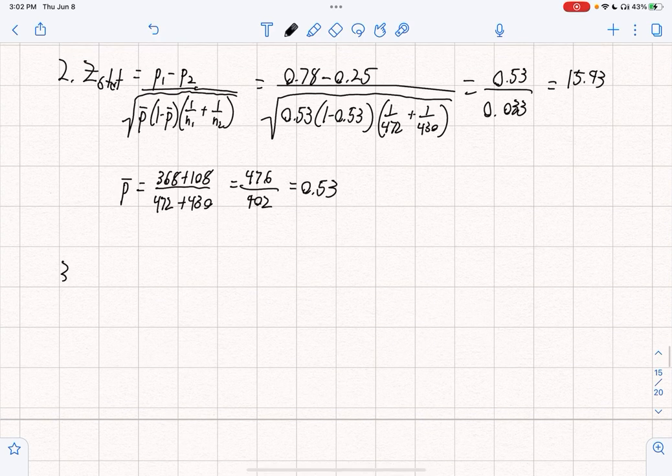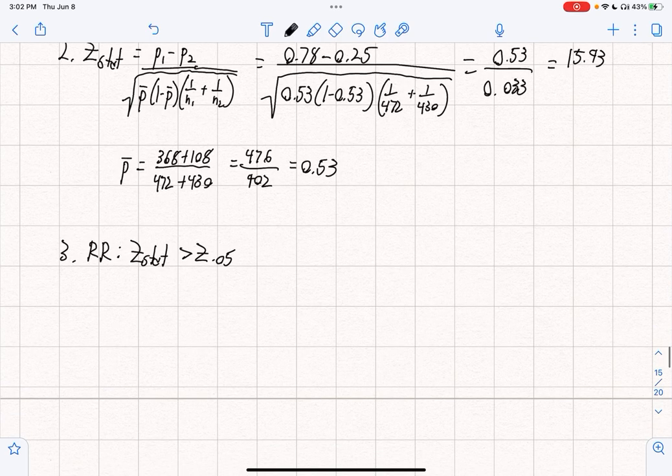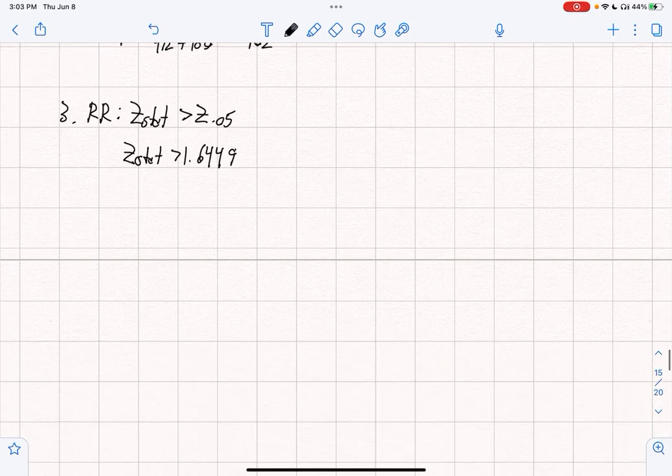So let's create our rejection region. So rejection region is z-stat bigger than z.05, right? This is a one-tailed test, and therefore there's just one rejection region, and we do not divide alpha in half. So this would be z-stat bigger than 1.6449. So now for our conclusion.